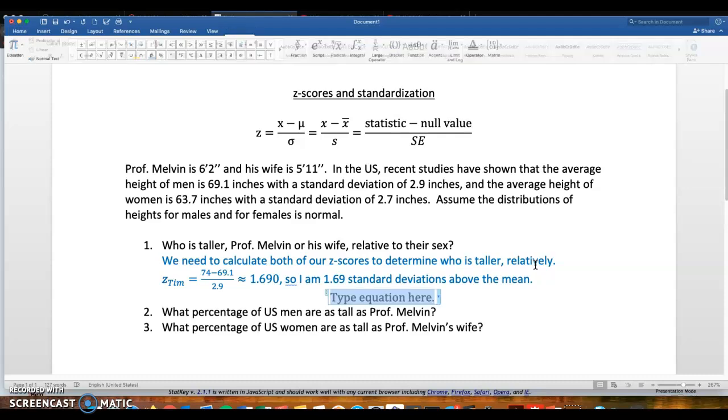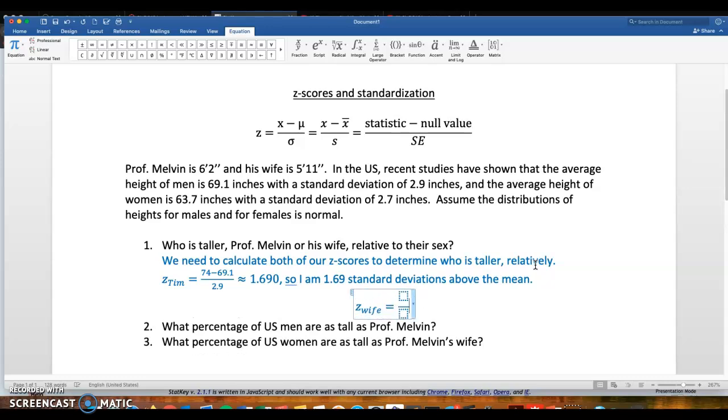But if we calculate the z-score for my wife, she is 5'11". That's 1 inch less than 6 feet, and 6 feet is 72 inches. So she's 71 inches tall, minus her population mean height of 63.7, and that divided by 2.7. 71 minus 63.7, and then divide that by 2.7.